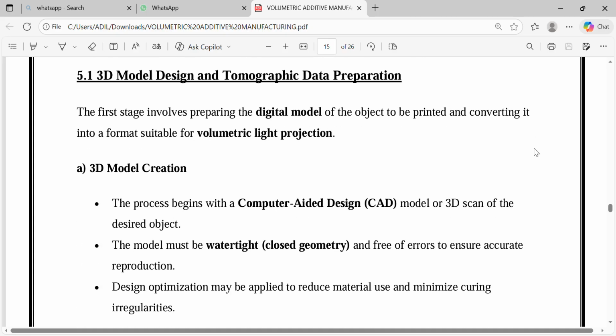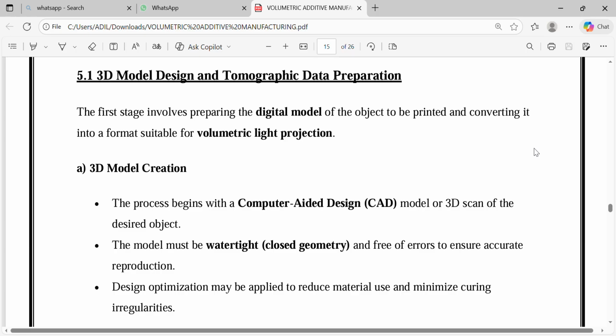We study all four one by one. The first stage is the 3D model design and tomographic data preparation. The first stage involves preparing the digital data of the object to be printed and converting it into a format suitable for volumetric light projection.